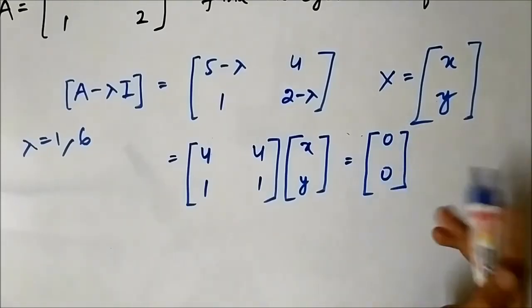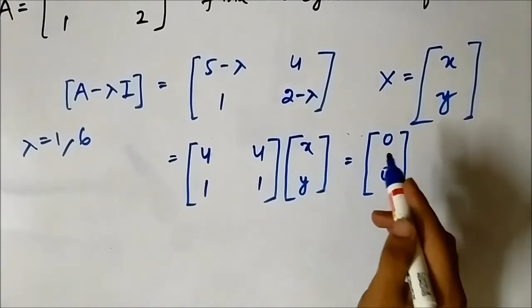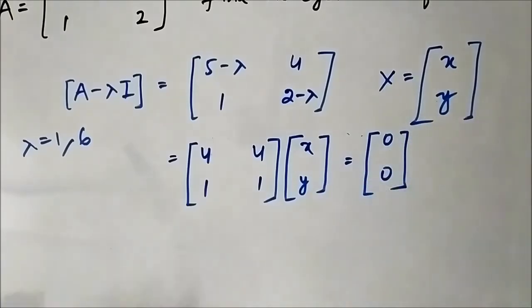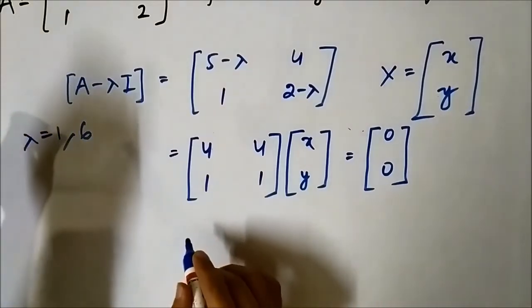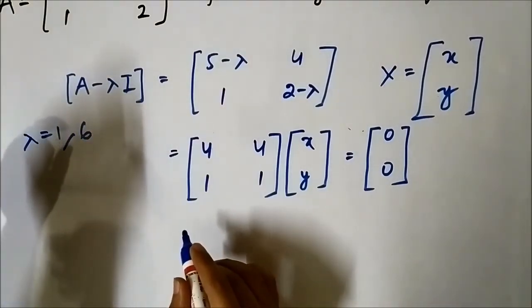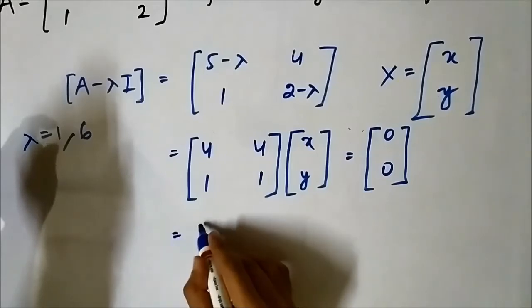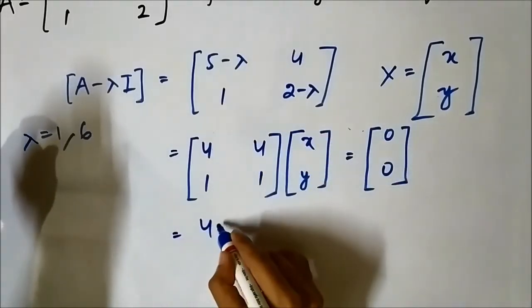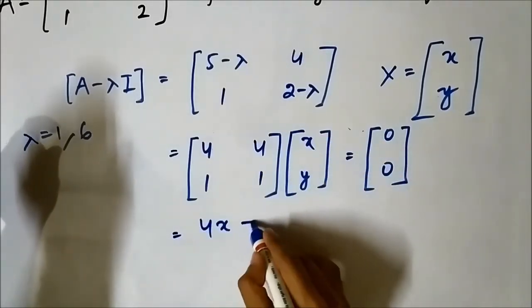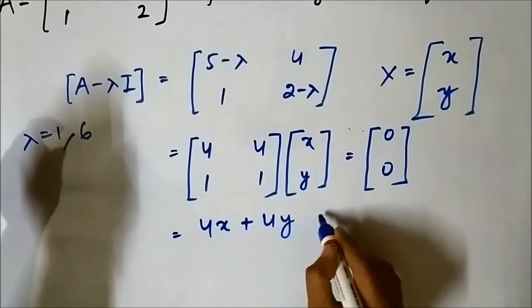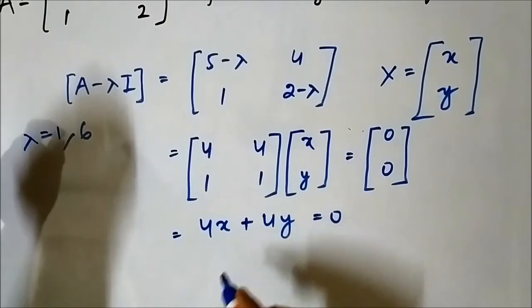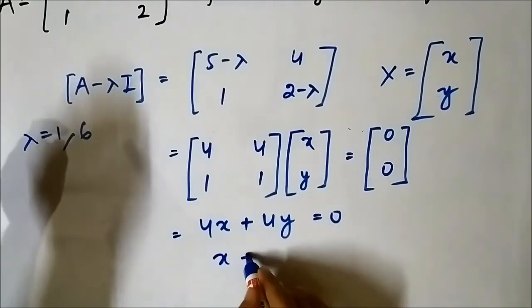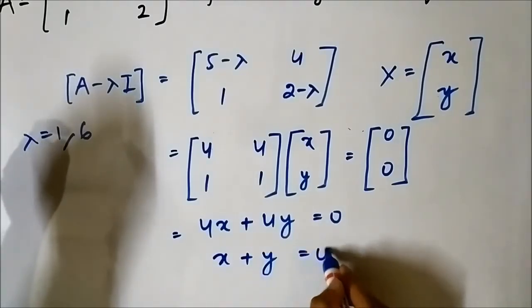That is meant by A minus lambda I into x being 0. So it is 4x plus 4y is equal to 0. This is one equation. Another one is x plus y is equal to 0.